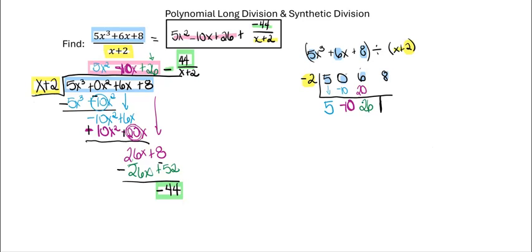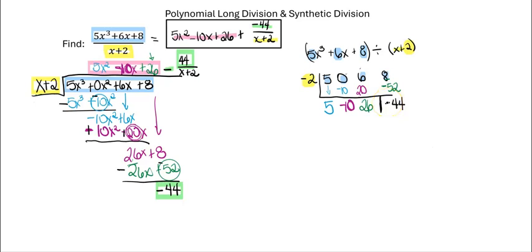Okay, now -2 times 26, so I'm coming back to synthetic division, and I'm multiplying -2, this yellow, times the green 26 to get -52. This is the same number that I'm circling here in my long division problem. Now I'm going to add, just like I do here, 8 plus a -52 is -44.